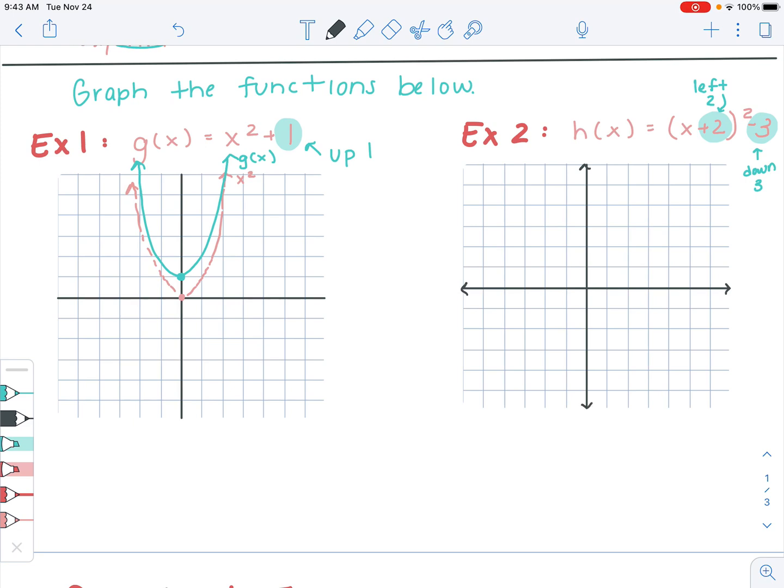So my parent function starts at 0, 0. Then I take my vertex and move it left 2 spaces, 1, 2, and then go down 3, 1, 2, 3. So my new parabola starts at -2, -3, and then I redraw it from there.